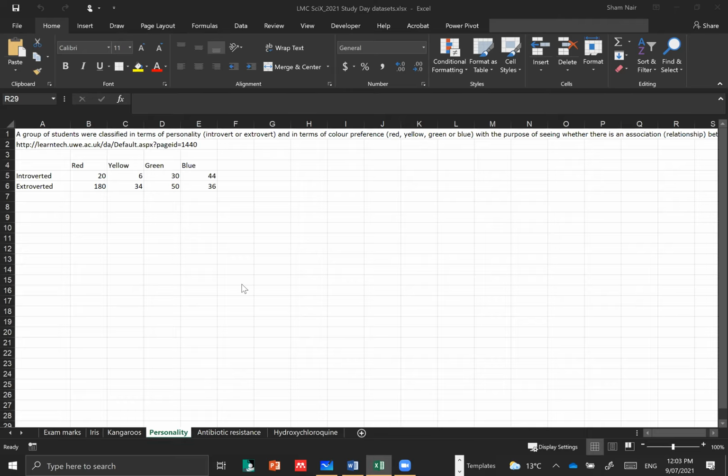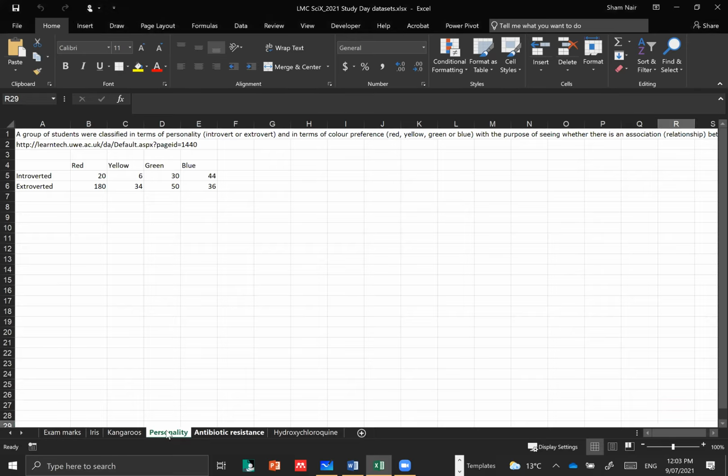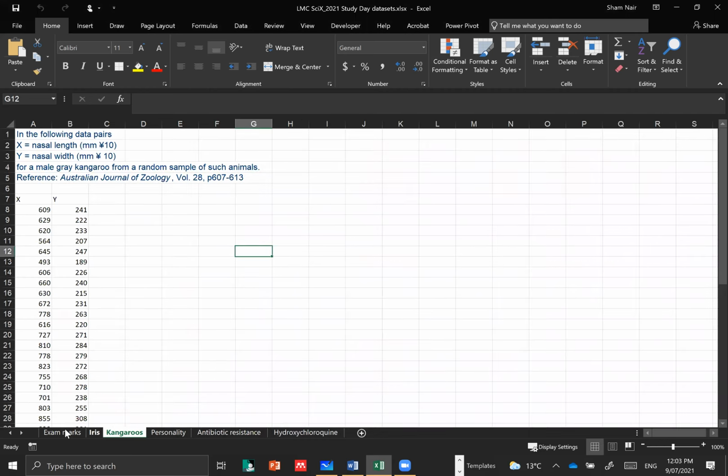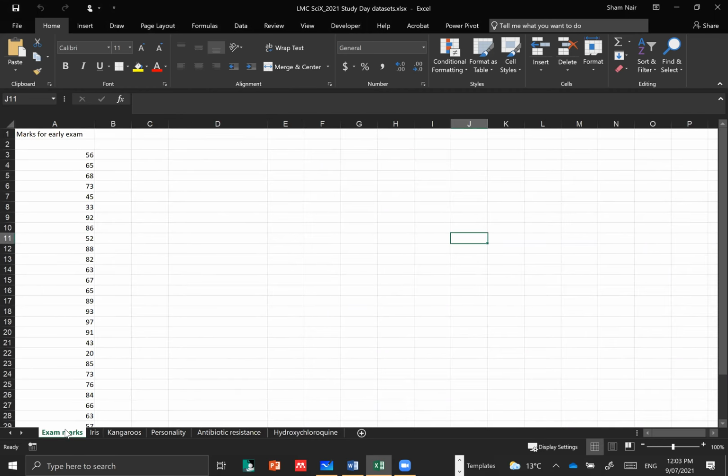I've given you this Excel spreadsheet, which contains a number of data sets. Each data set is represented in a separate worksheet. For all except this one here, which has exam marks, there are some activities relating to those data sets in the PDF file or the Word file.